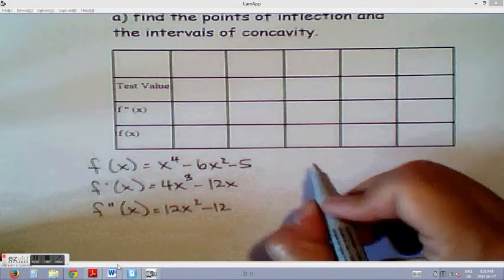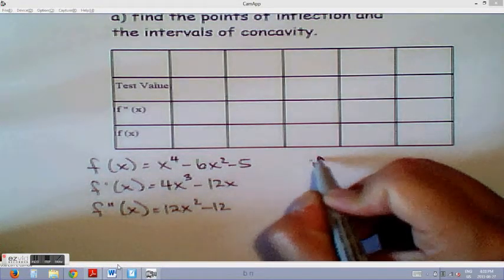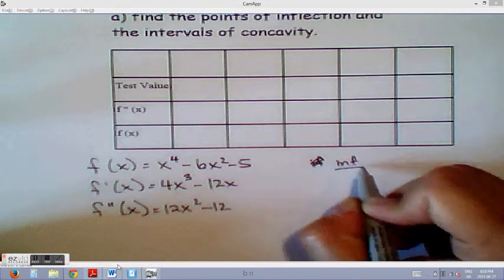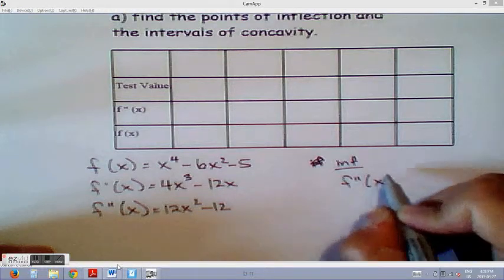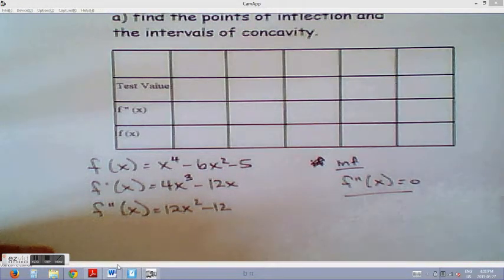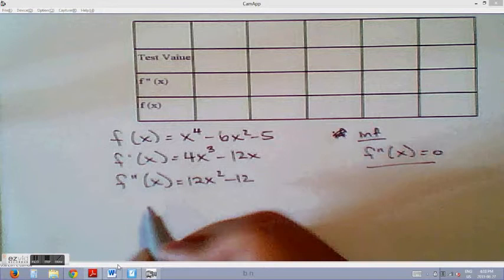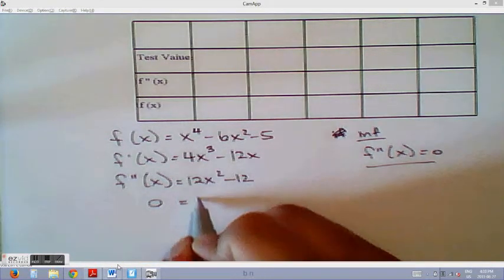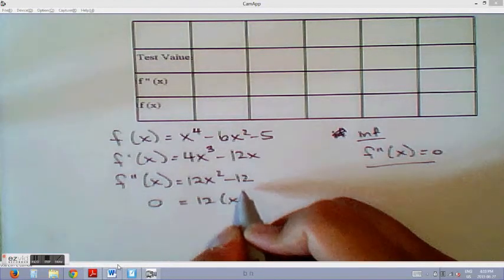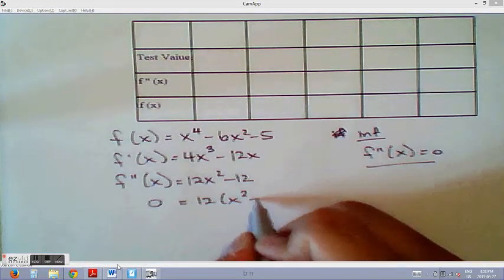For an inflection point, we know that the second derivative is equal to 0. That's the criteria. So let's set this equal to 0. Right away I can see that I can factor out the 12, which leaves me with x squared minus 1.